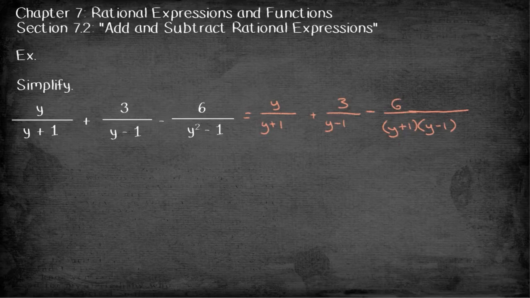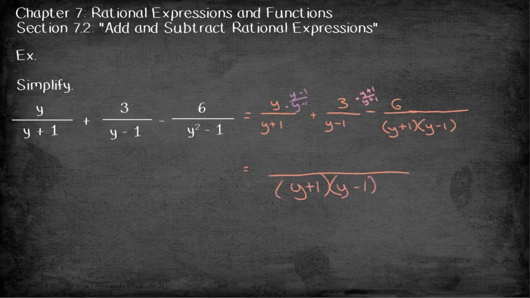So if we multiply the first fraction by y minus 1 over y minus 1, and the second fraction by y plus 1 over y plus 1, then I would get a common denominator. I would get y plus 1 times y minus 1.